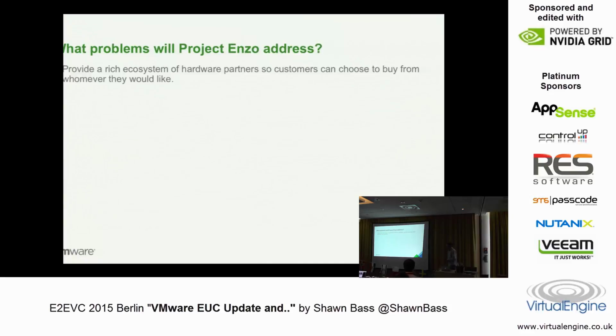So what problems will Project Enzo actually address? First of all, we are building Project Enzo on top of our EVO:RAIL offering from VMware, which is our hyper-converged appliance offering. Now, there are many different providers out there that are doing hyper-converged appliances. What sets the EVO:RAIL offering apart from some of the other vendors is we're not locking you into any particular hardware vendor of choice.